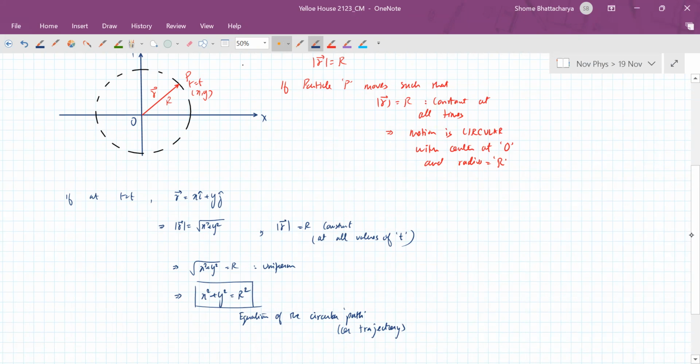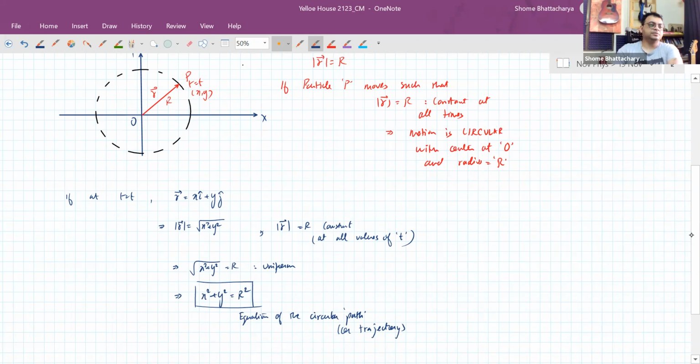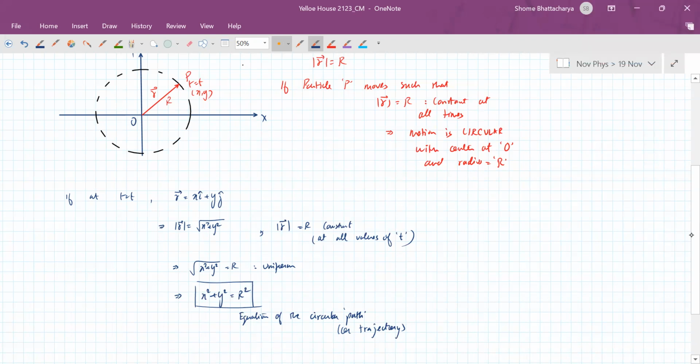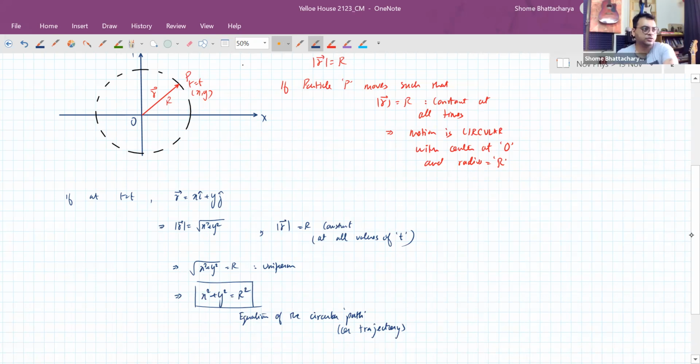Sir, is it necessary that the center should always be O? Yeah, because when we describe the motion with this kind of equation of trajectory, we have to by default take the origin of our system at the center. The way you think about it is that the circular motion is already happening. Where to select the origin?